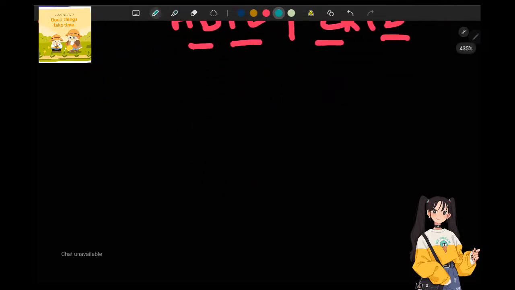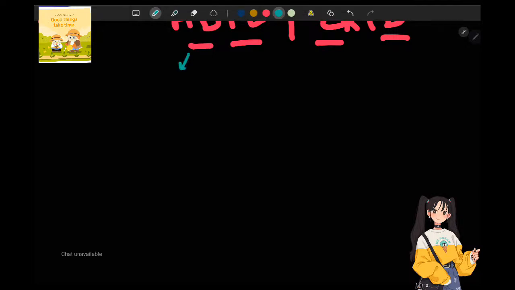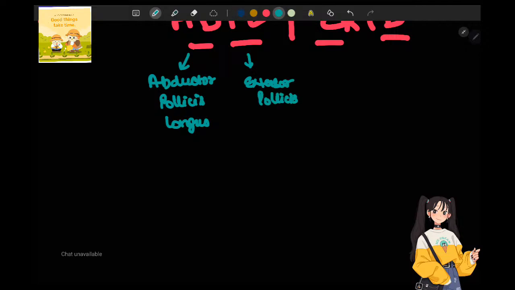This is abductor pollicis longus, extensor pollicis brevis.